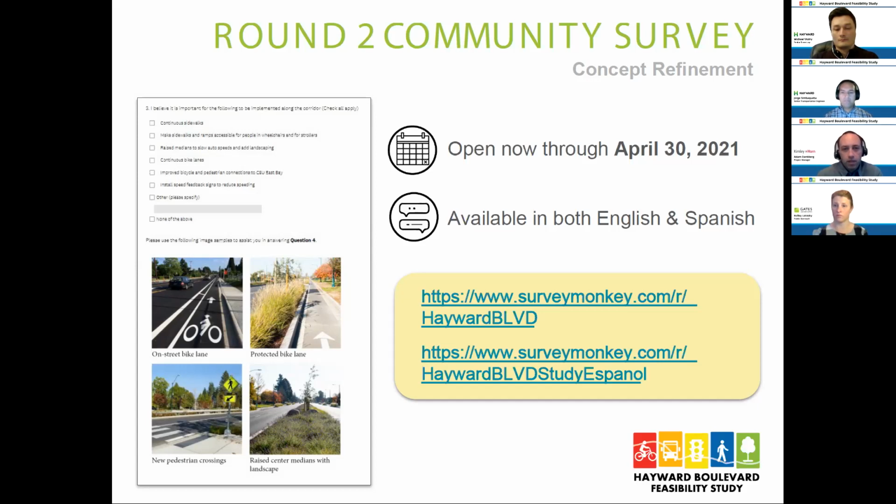So another question: why can't a pedestrian bridge be built over Hayward Boulevard near the campus? I'll go ahead and take that one. Yes, that's something that we can evaluate.